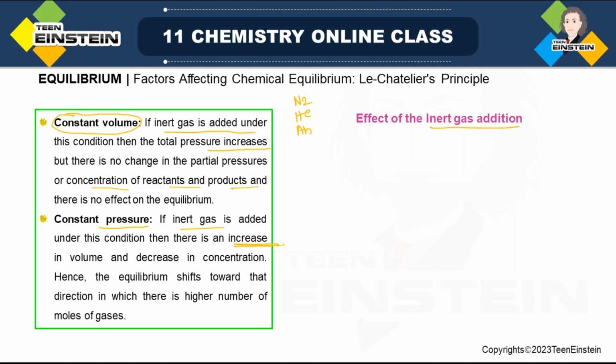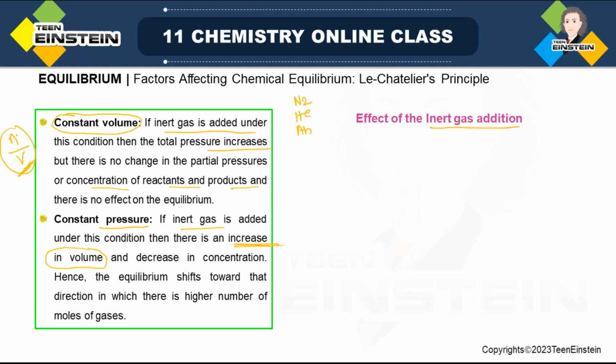Or another way you can think about it: when you are adding inert gas maintaining constant pressure, obviously there is an increase in volume. Now when volume is increased, concentration is decreased, because concentration is number of moles per unit volume. When the volume increases, the denominator increases, so as a whole this ratio will decrease. That means concentration is decreased.